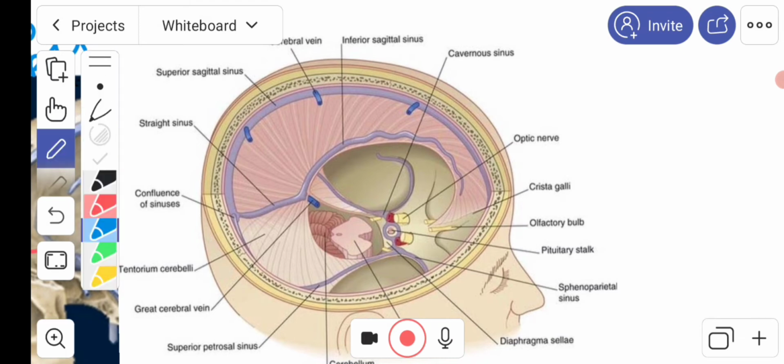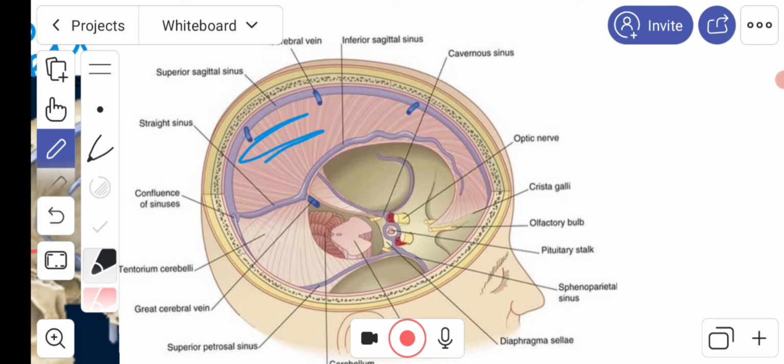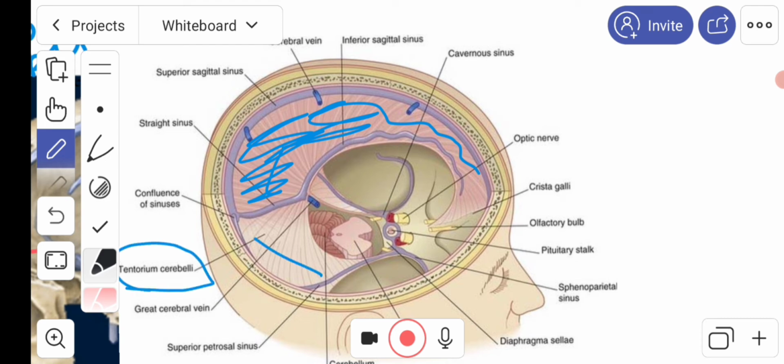As we see in this diagram, this dark colored portion is the falx cerebri, and this horizontal partition is the tentorium cerebri, and the inferior sagittal sinus is going to drain into the straight sinus.